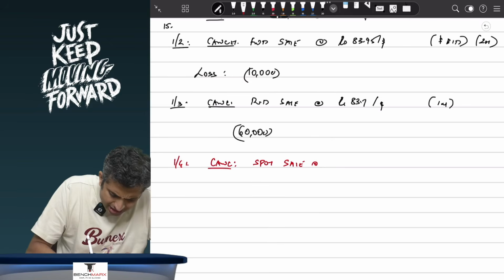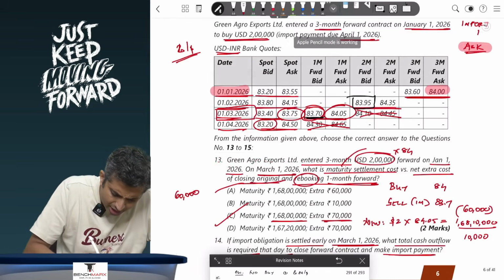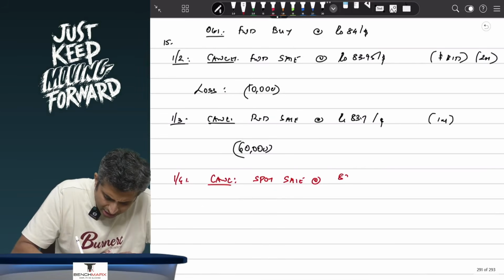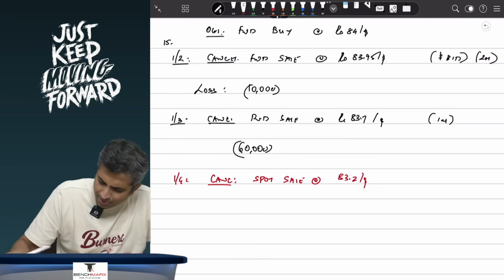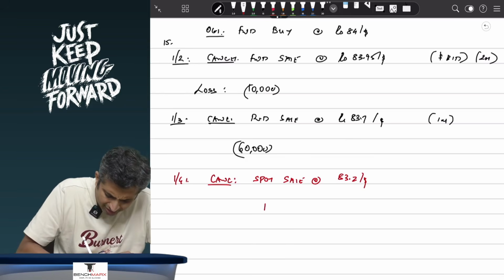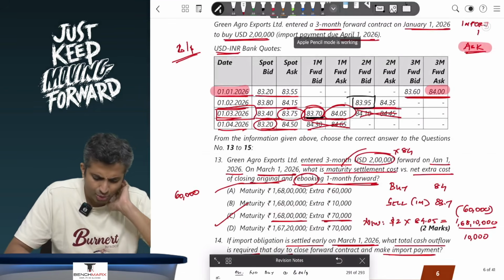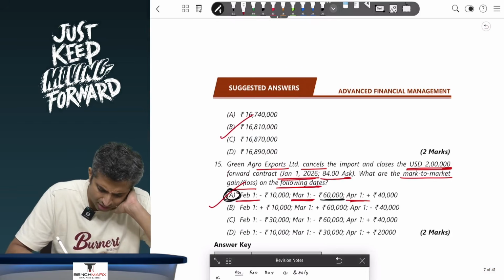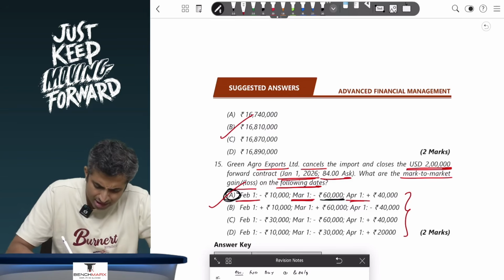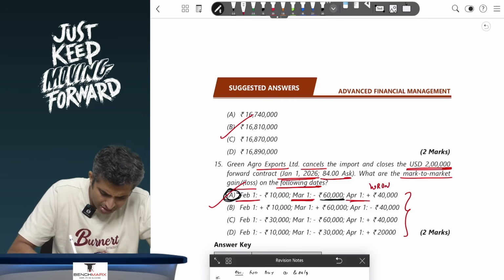So if you are selling, the banker is buying. So this will be at, I think, 83.2 if I'm not wrong. So this will be at 83.2 and this is at the spot. So this will be 83.2 minus 84 into, let us say, 2 lakhs, and this comes to around 1,60,000 loss. Again, if I'm looking at April on the mark to market, none of these numbers are tying up. So maybe the April version is wrong.